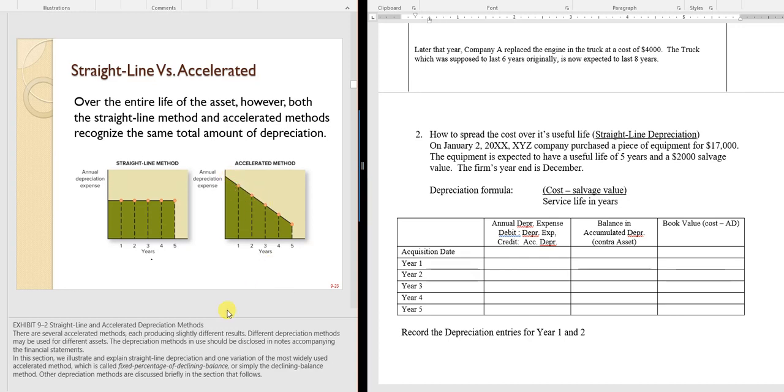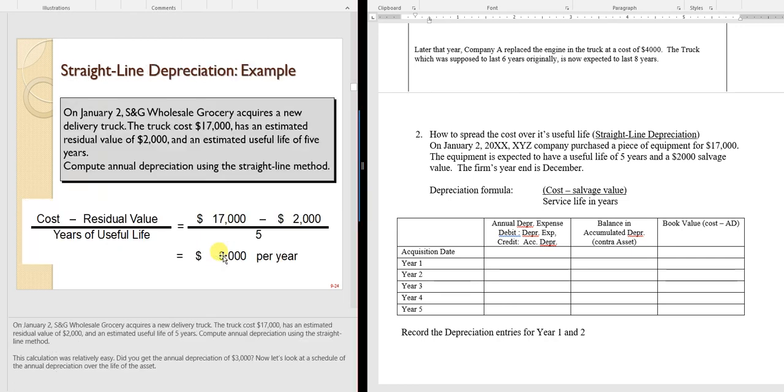So here's my repair expense. In the early years, I have very little repair expense, but I have a lot of depreciation expense. And as the life goes on, I'm going to have more repair expense, so I have less depreciation. Either one of these methods is acceptable, and you have to be told which one they use. You can't know.